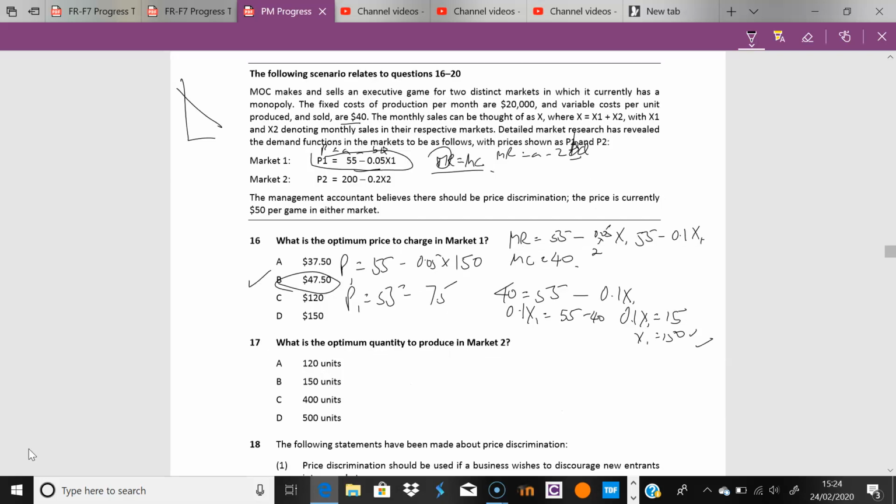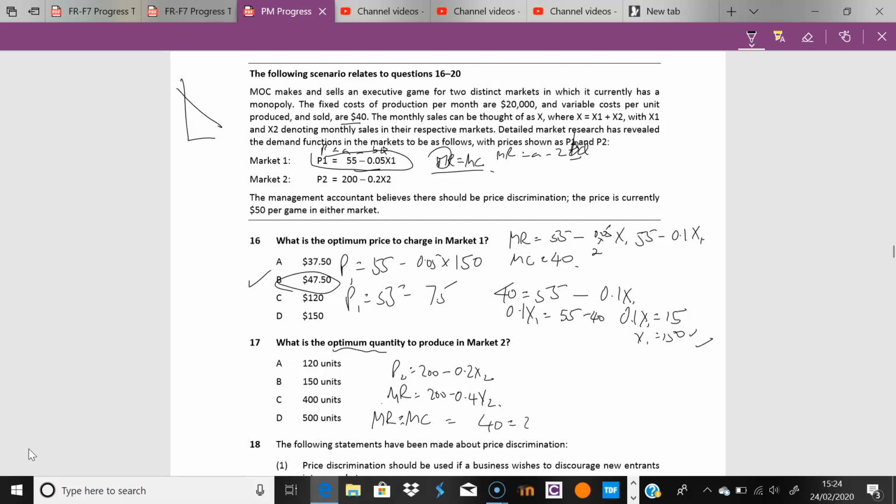Now, let's move into the next one. We are now looking at P2, which is equal to 200 minus 0.2 x2. They're just asking for optimal quantity, which is one or two steps before finding optimal price. Again, marginal revenue must be 200 minus 0.4 x2, and optimal quantity is where marginal revenue is equal to marginal cost.